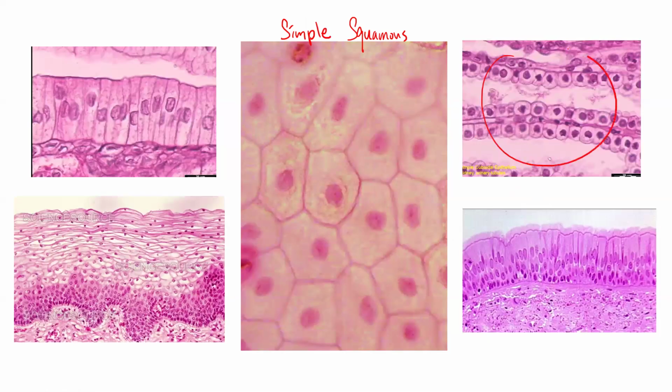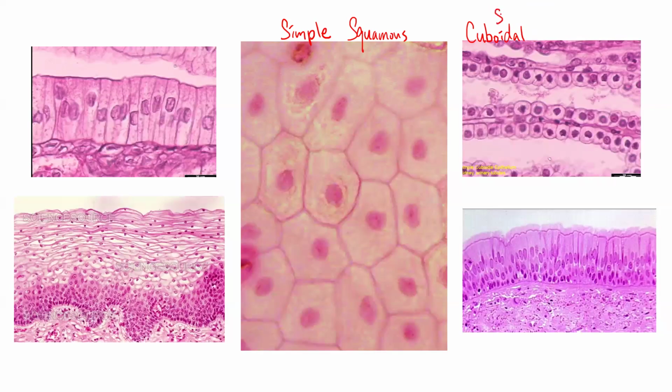Okay, how about this one here? What shape would you say they are? Yeah, these guys are pretty square looking, right? And so they are cuboidal. Cuboidal, with an I, right?